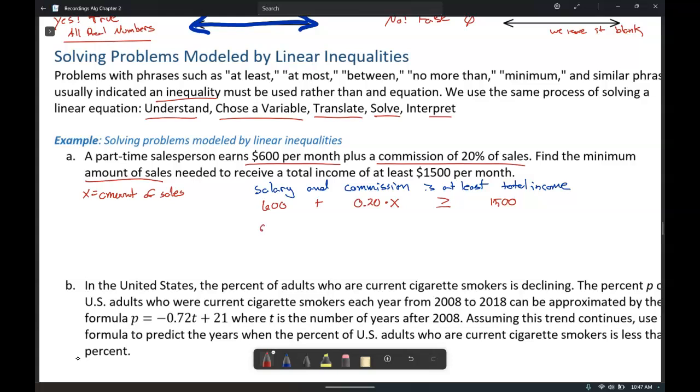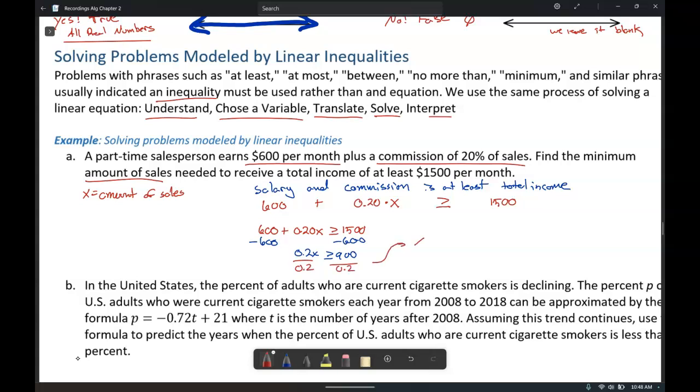So now that we have our inequality, and we know that 600 plus 0.20x needs to be greater than or equal to $1,500, we can go ahead and solve for our variable. Subtract 600 on both sides. Divide both sides by 0.2.